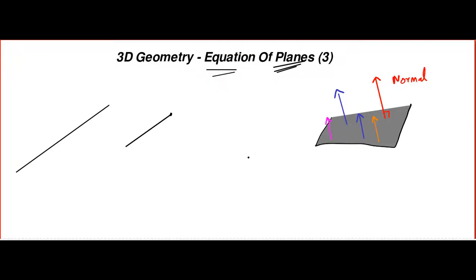So I'll draw a plane for you. Remember, since we are drawing this in 2 dimensions, I am restricted to draw a plane segment. But in your imagination, you should always remember a plane is an infinite structure. Okay, so suppose we have a plane.